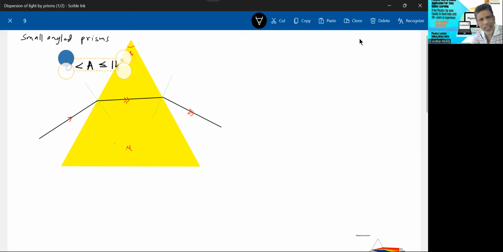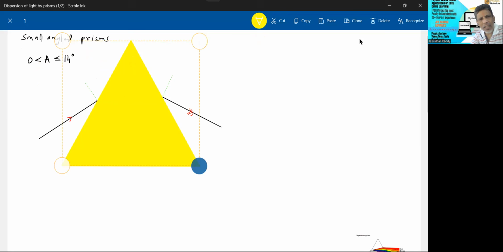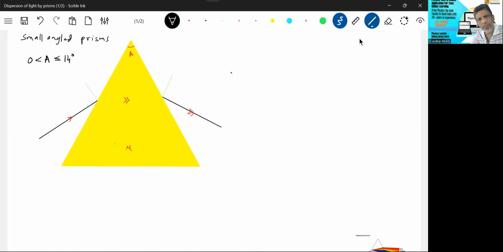If the angle of the prism lies from 0 to 14 degrees, then we'll usually call it a small angle prism. This is basically called a small angle prism. If this angle varies somewhere from 0 to 14 degrees, then you have to call it a small angle. Okay, agreed?